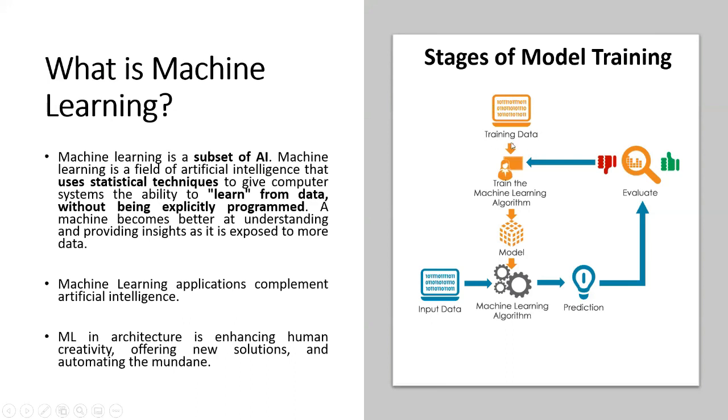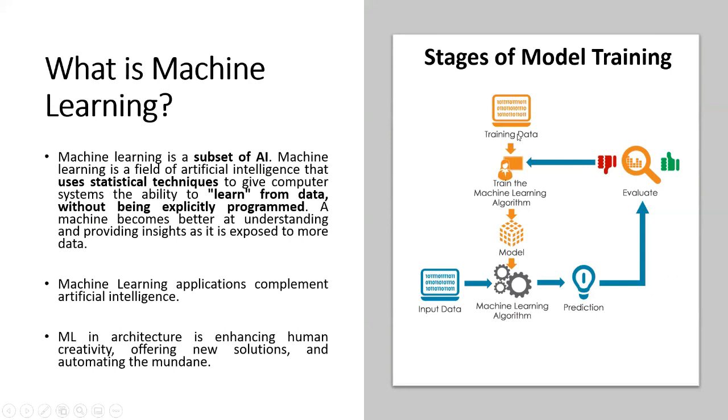Data means, let's say a person wants to learn some language. They want to learn some French language. So they need to buy a dictionary, or they need to see videos in French language, from where they will learn what they want to learn. That is training data. Let's say we are training a model for architectural plans.